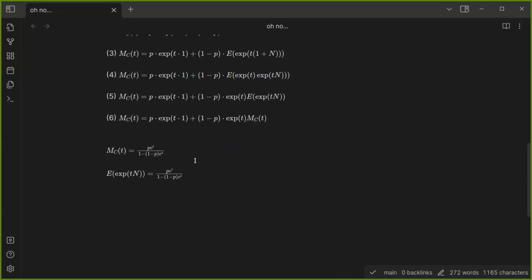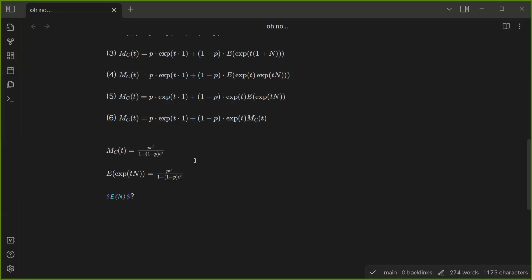And now how can we calculate all expected values? If I'd like to calculate the expected value of n, what should I do? If you recall the end of the lecture, it is sufficient to take the derivative of this function at 0.